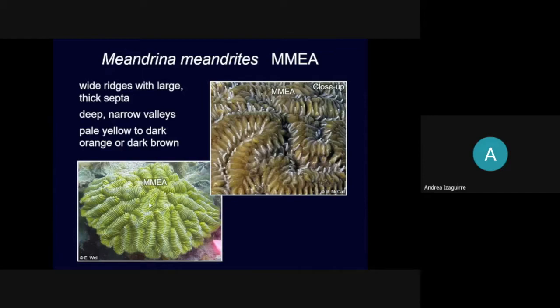And it's going to have very, very deep and narrow valleys, to the point where unless you get really nice and close to the coral, you can't even see the polyp mouth. But sometimes you will see the tentacles, as you see in the close-up of the image. You can't see where the mouth is, but you can definitely see all of those tentacles. There's a mouth right there.